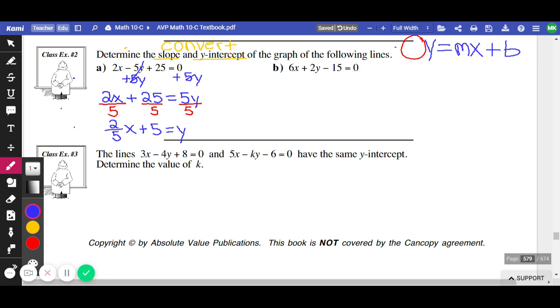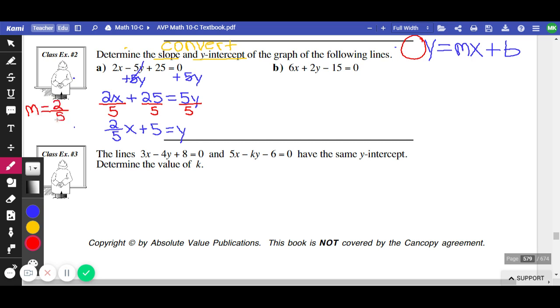Awesome. The question didn't ask for slope y-intercept form, did it? It asked, determine the slope and y-intercept. The best way to find the slope and y-intercept was to create slope-intercept form. However, we've not answered our question yet. The question was, what's the slope? Now that I'm in slope y-intercept form, I can answer the question. It tells me 2 over 5 is the slope, so m equals 2 over 5.